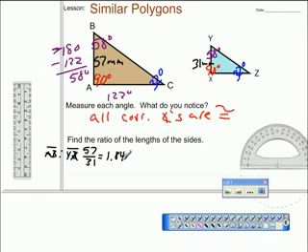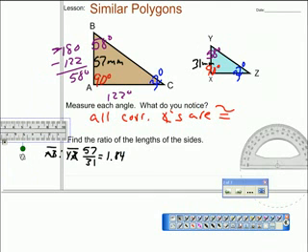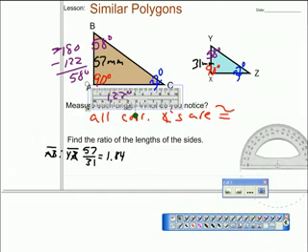Okay. Let's check AC and its corresponding side XZ. Let's see what we get. So I'm going to measure those. When I measure AC, I get approximately 85 millimeters.